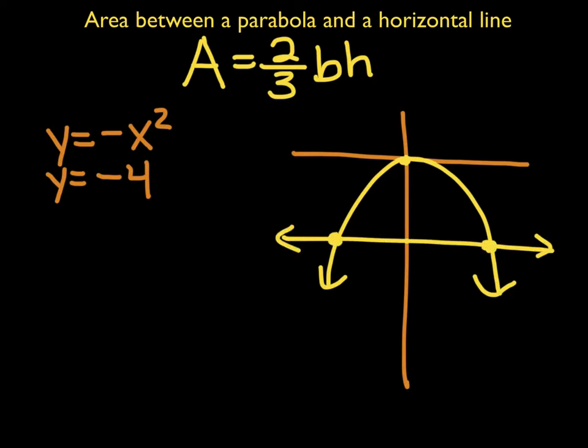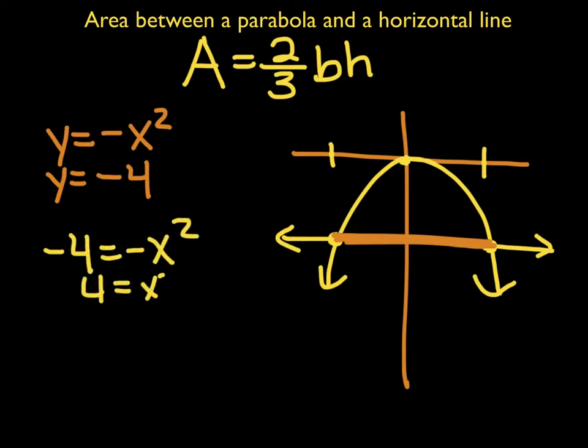So what we want to do is figure out these two x values so that we can know the length of our base. Okay? So what we do is we just plug in negative 4 equals negative x squared. 4 equals x squared. X equals plus or minus 2. So we now know the base is 4 units long.